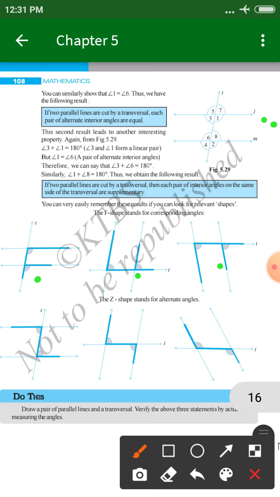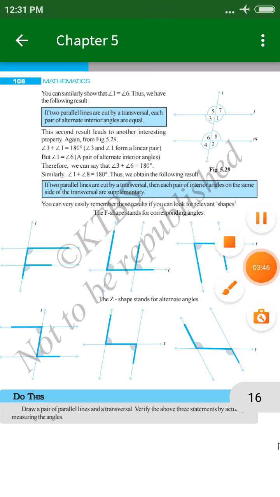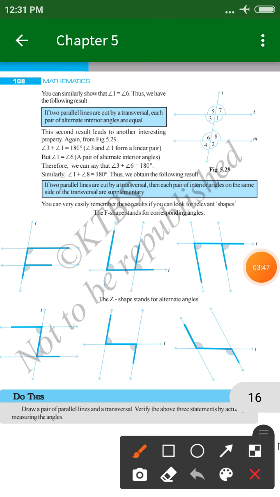So these types of figures are called corresponding angles, and these angles are called corresponding angles.